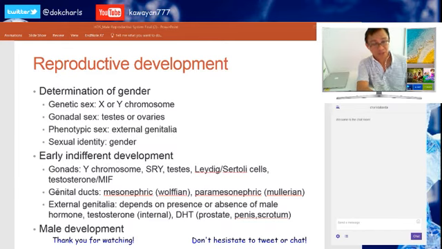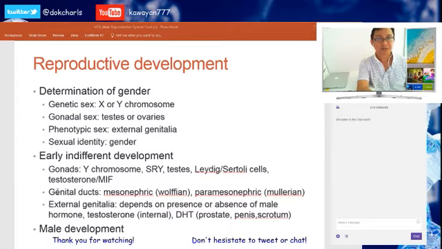However, when you talk about sex, which is different from gender, which is a social construction or social identity, sex can be defined by 3 criteria. You have your genetic sex, you have your gonadal sex, and your phenotypic sex.